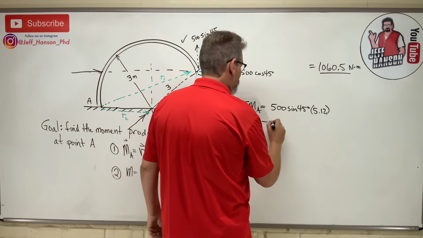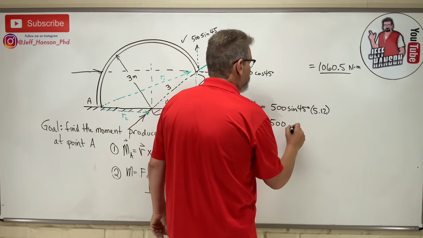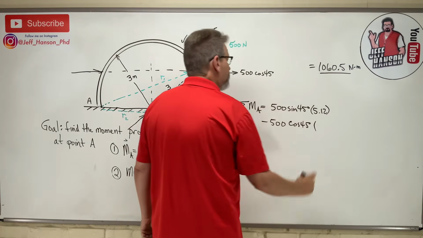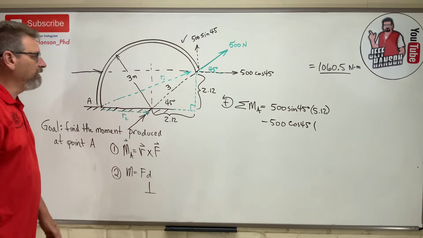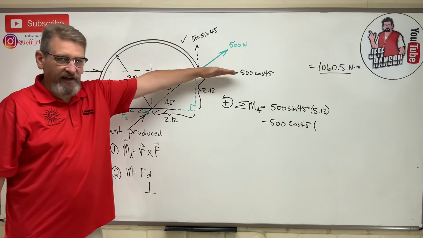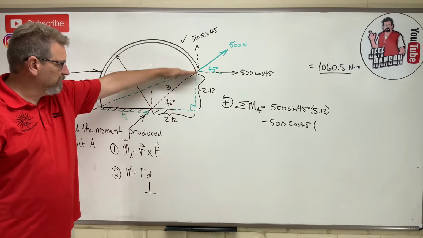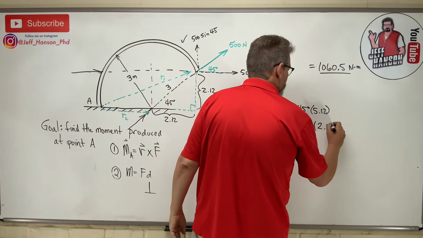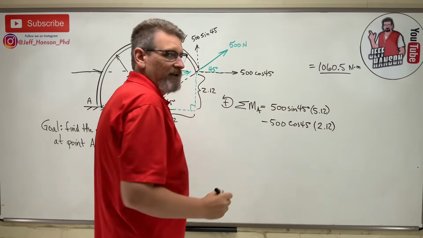So minus 500 cosine 45 times how far away? Well, the force is in the X, so the distance is 2.12. Let's see what we get.